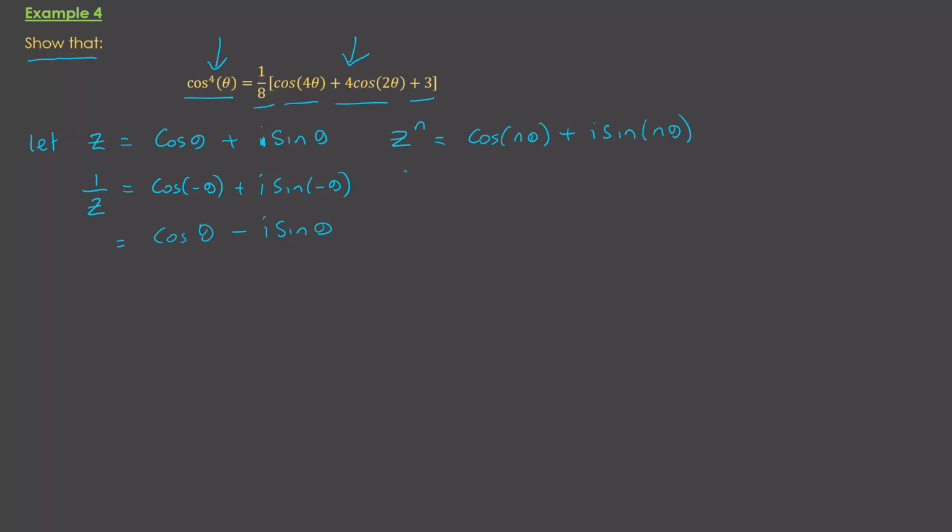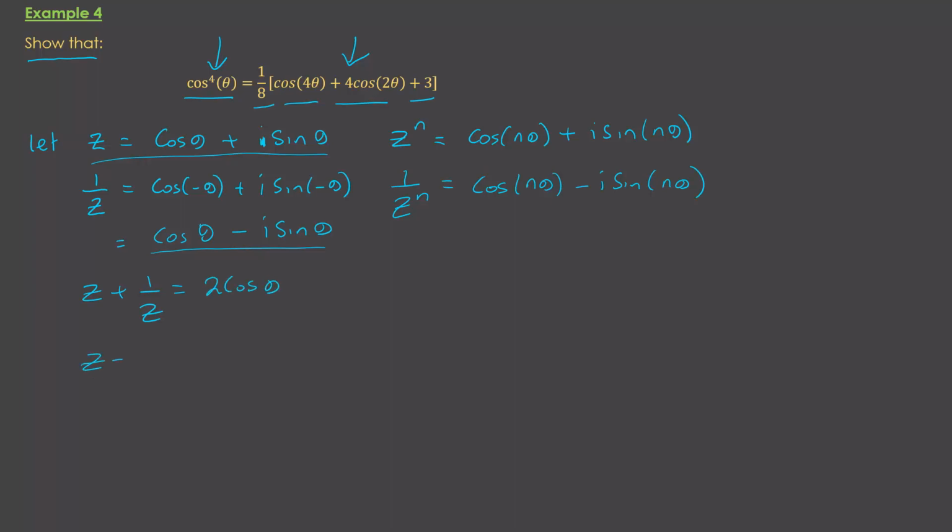And similarly over here, 1 over z to the power n is cos n theta take away i sine n theta. So if I do z plus 1 over z, adding them means the sine thetas cancel out and I get 2 cos theta.